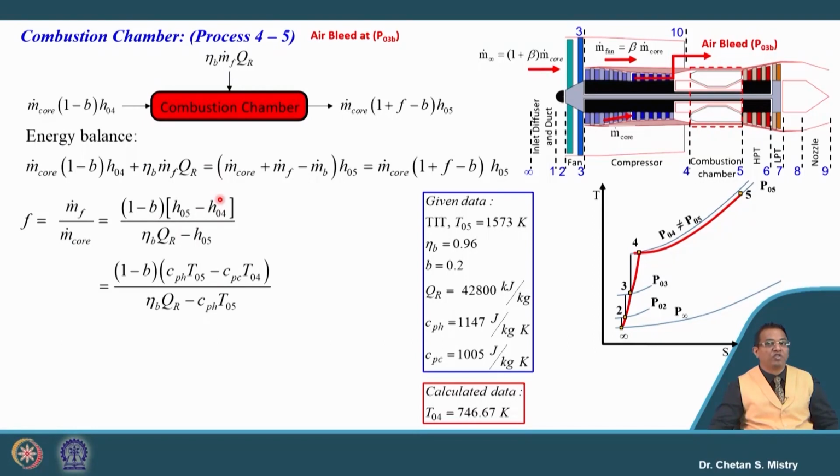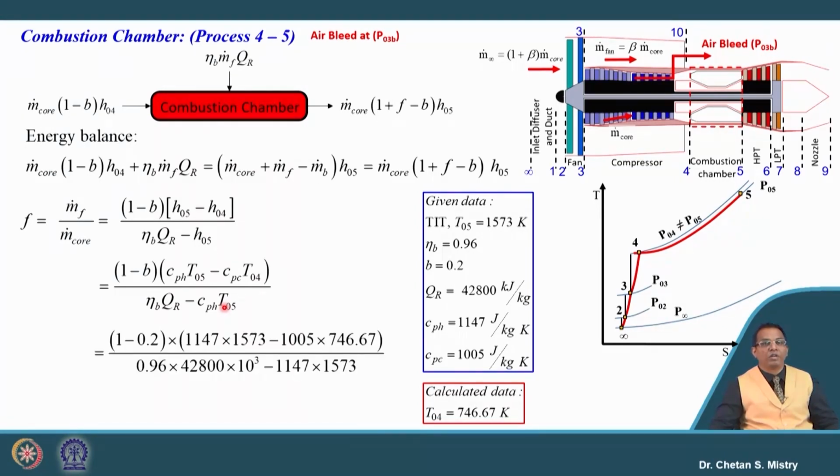In the same way, H04 is the exit of our compressor, which is why we say Cp of cold air into T04, divided by the combustion chamber efficiency and calorific value, minus Cp T05. Okay. So, putting in all these numbers, the fuel air ratio is coming to 0.0215.